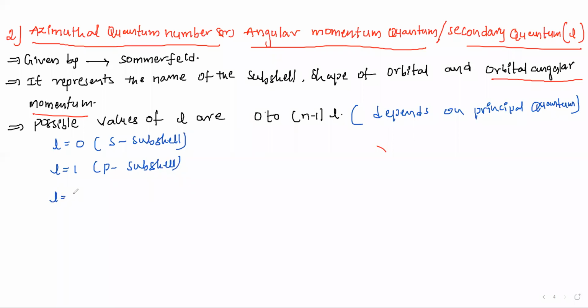And if L is equal to 2, D subshell. And L is equal to 3, F subshell. Only 4 subshells: S, P, D, F. Now, examples.